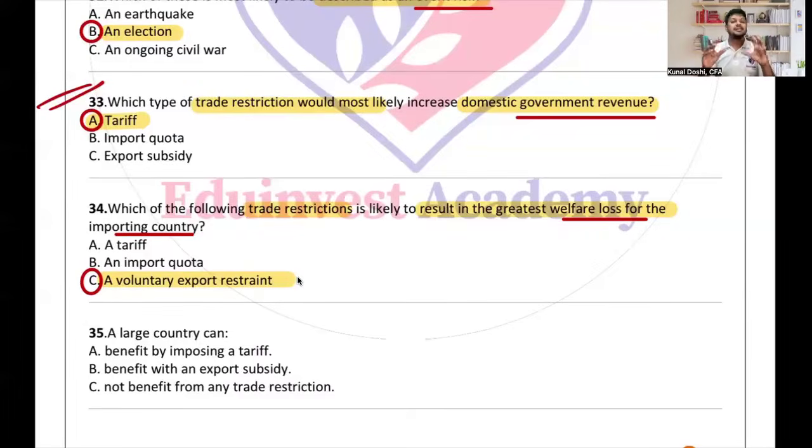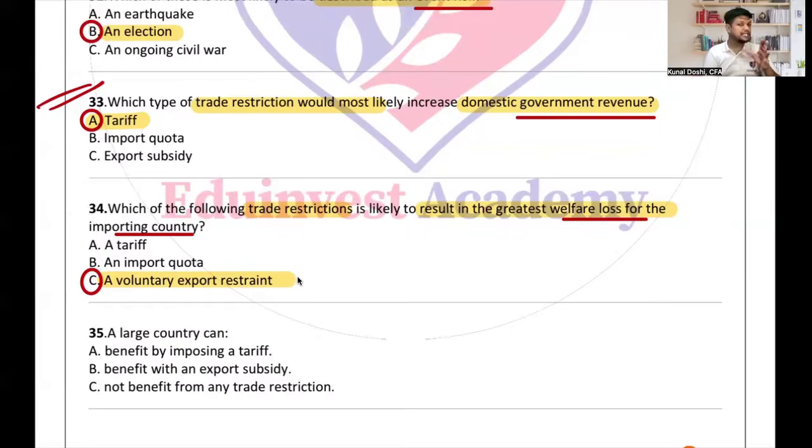In fact, I'm not exaggerating my lectures, but as soon as Donald Trump came to power, the prime minister of Japan actually visited the US, and in the press conference, the press asked in front of Trump what is your view about the tariff that the United States is going to increase on you.